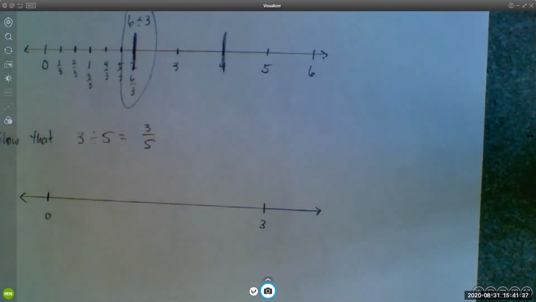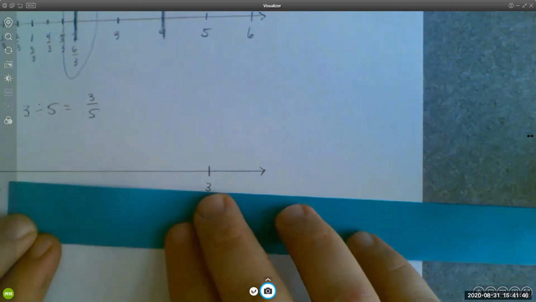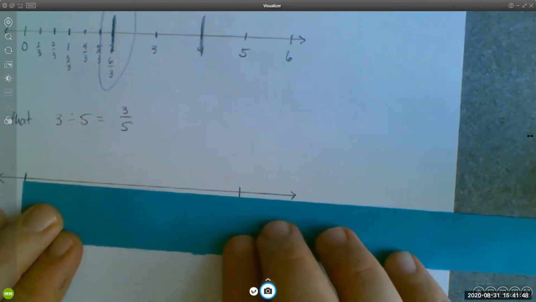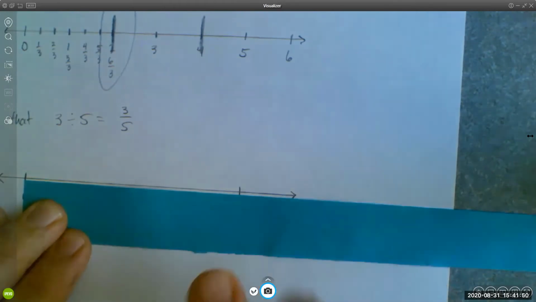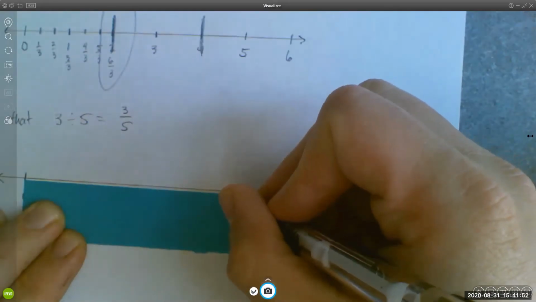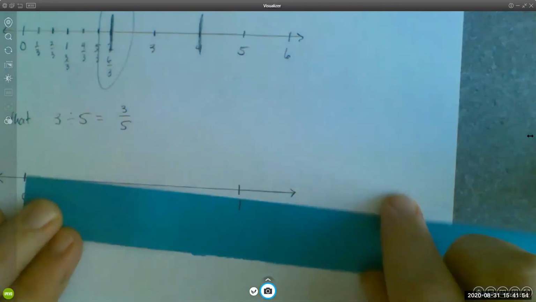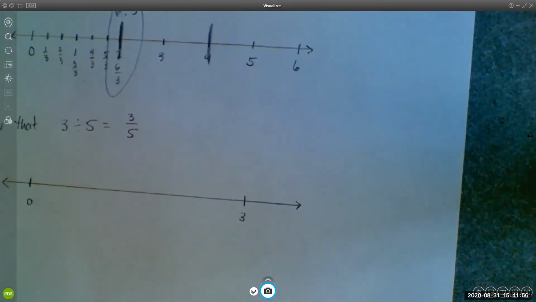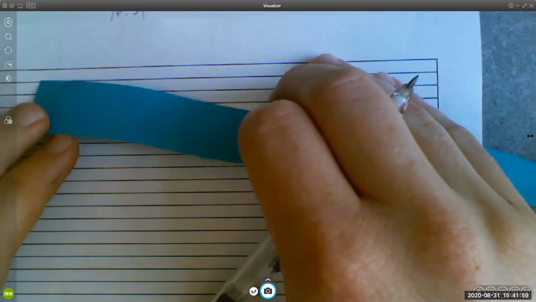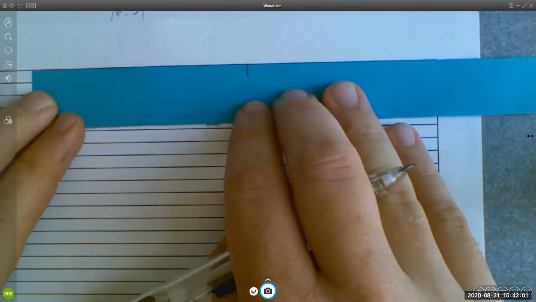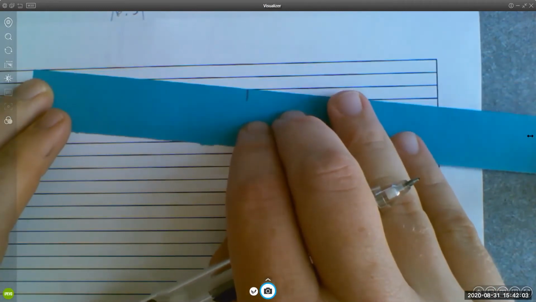Then I'm going to mark that length onto my fraction ruler. And split it into 3 equal parts so that I'm sure that my units are exactly placed where they need to go. 1, 2, 3.